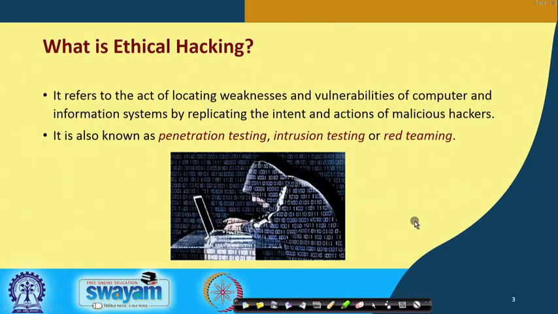So, let us first start with the definition of ethical hacking. What exactly is ethical hacking? Well, we all have heard the term hacking and hacker. Essentially, the term has been associated with something which is bad and malicious.